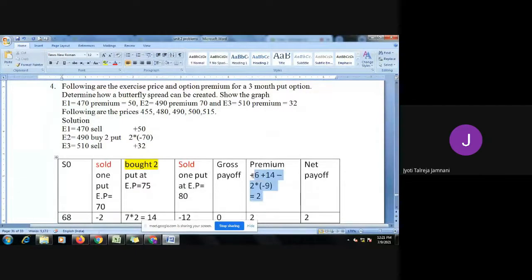So if we solve it here, we will get plus 50 plus 32 minus 2 into 70. Okay, so 2 into 70 is 140 and 50 plus 32 is 82. Plus 82 minus 140, the premium will be 12 rupees.